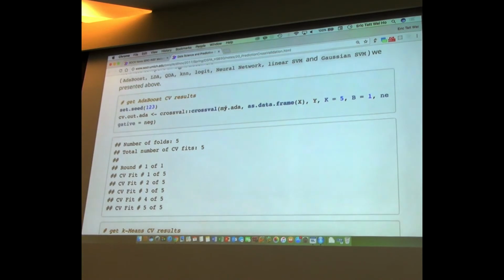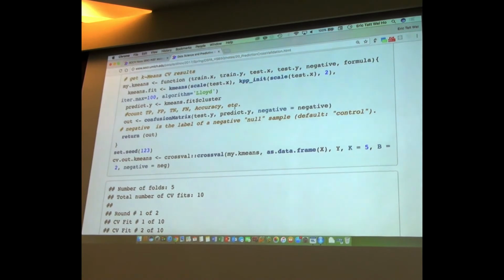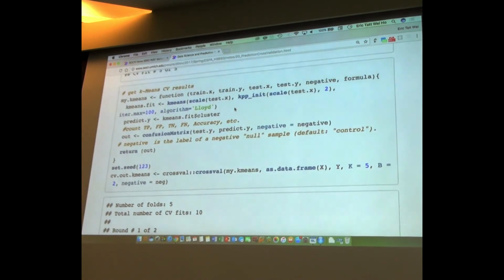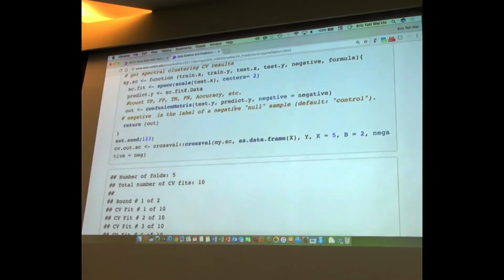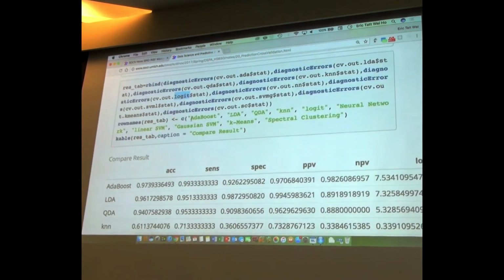So here, I'm adding adaptive boosting to the Parkinson's disease data as well. Here is where we bind together by rows all the diagnostic plots for adaptive boosting, linear discriminant analysis, quadratic, K nearest neighbors, logit, etc. Give them the appropriate names, and then this is a table that gets generated.